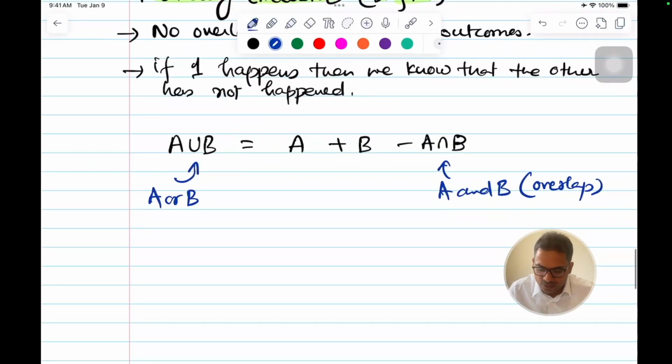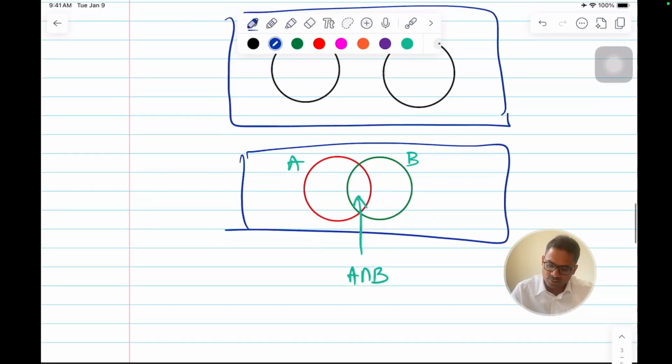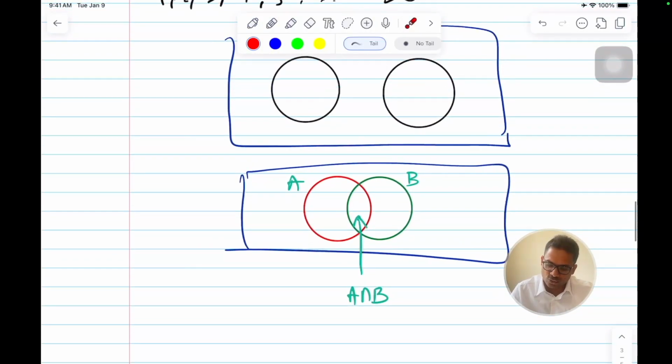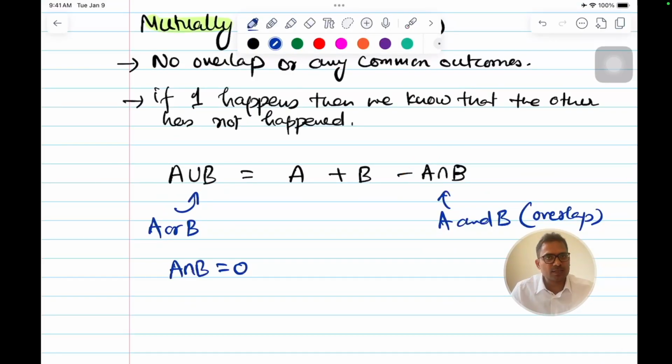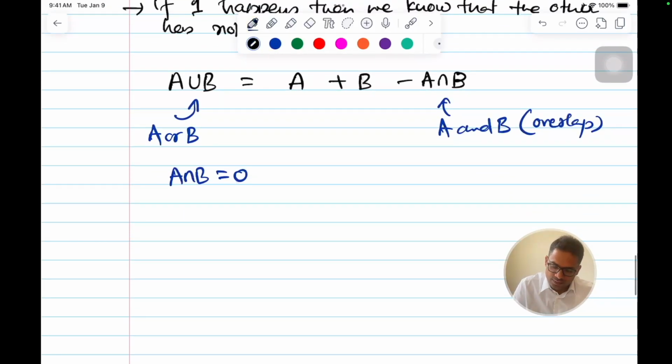For mutual exclusion, what will this overlap part be? It is nothing. There's no overlap, so A intersection B will be 0. So we can say that A union B is equal to A plus B.